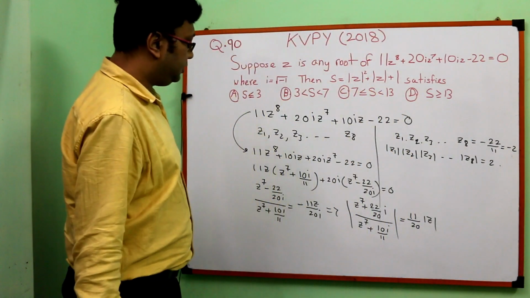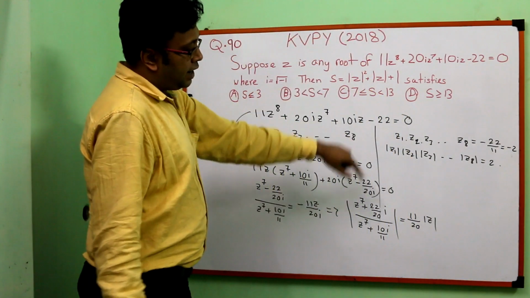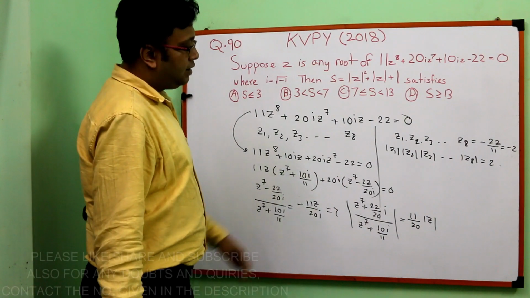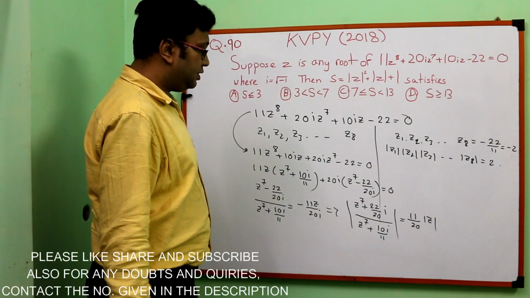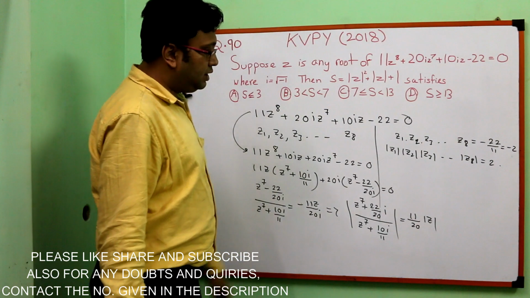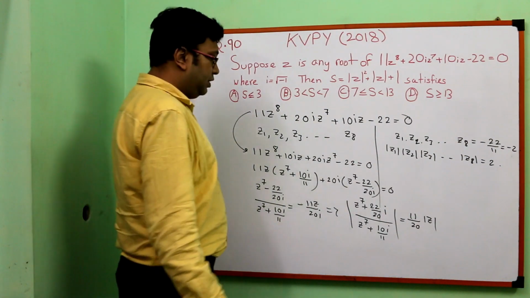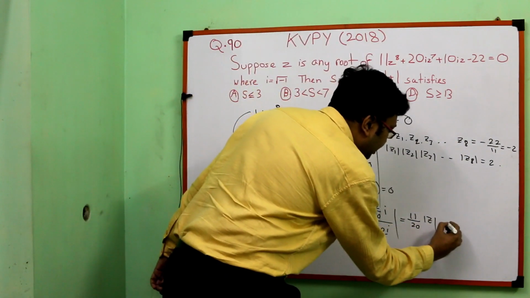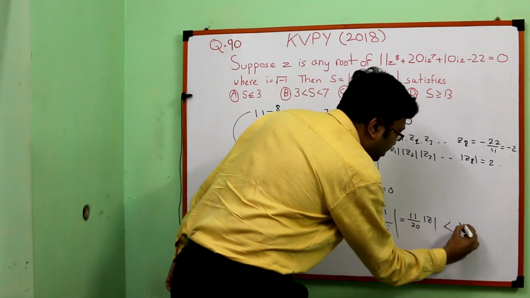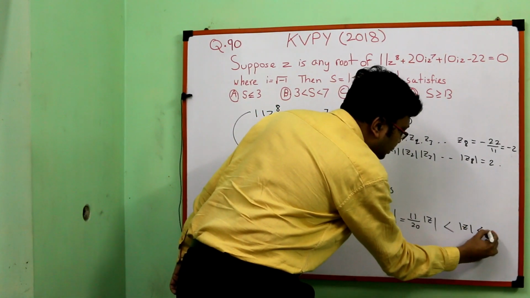Now, if I consider that mod z is less than 1, then that gives us mod z less than 1.